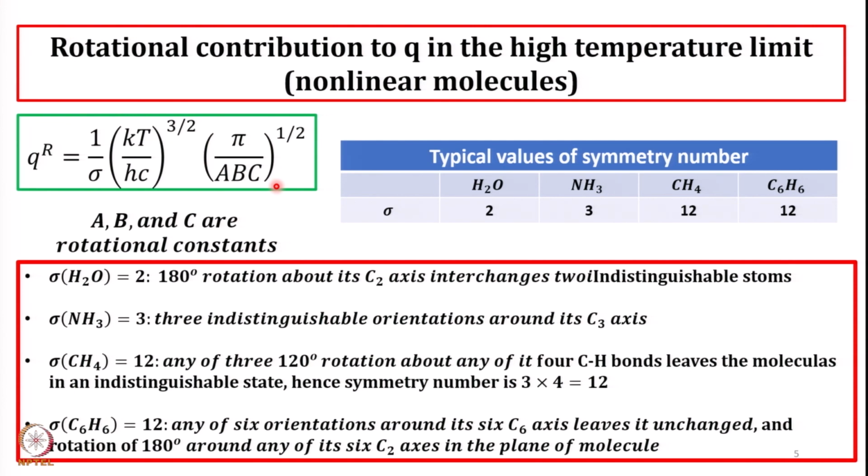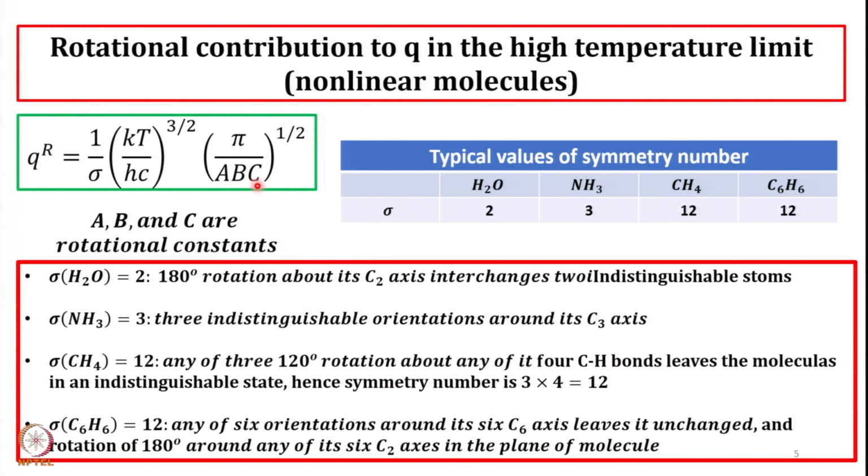So experimentally, to obtain the value of the rotational partition function, we need information on these 3 rotational constants A, B and C, all in centimeter inverse.